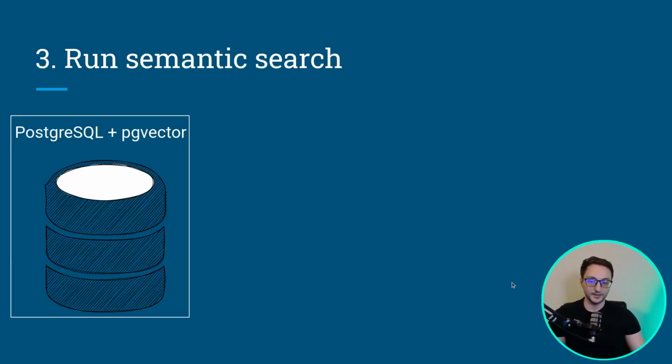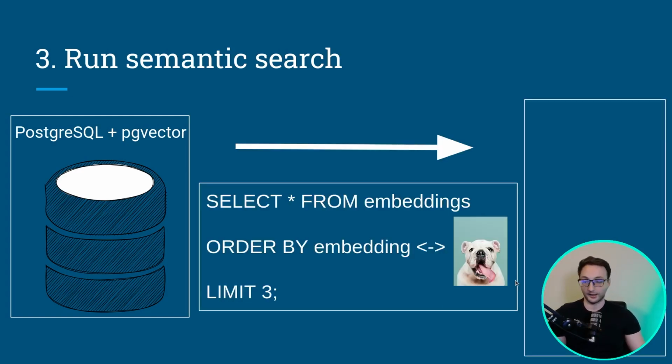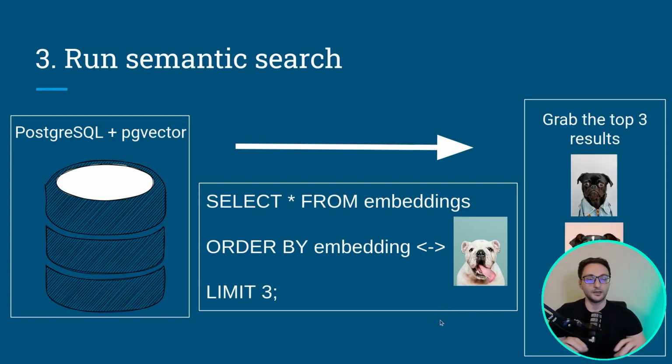So you have your database with all the embedding values, the embeddings. Then you are running this or some similar query. This is basically a semantic search. And then the result will be the top 3 most similar images, ordered by similarity. And this is using semantic search methods under the hood.